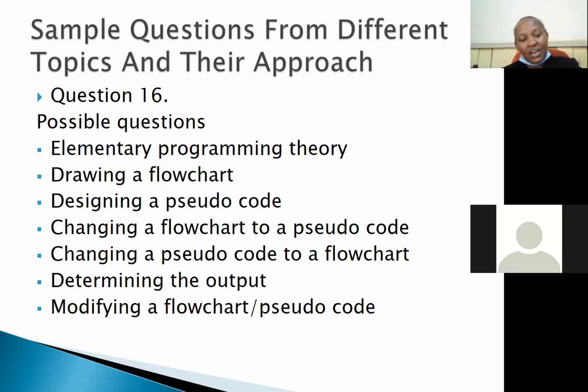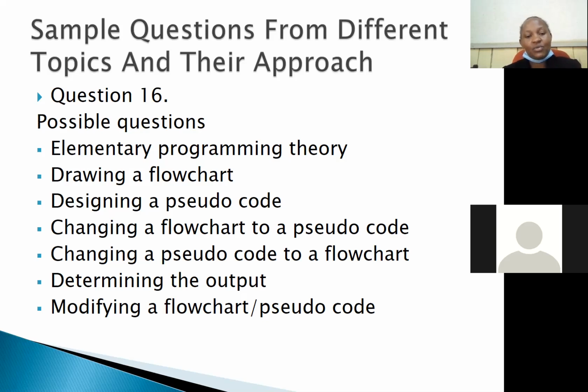Then you can also be told to change a pseudocode to a flowchart. At this point, you are now giving your statements symbols, whereby you will have the symbols and you will have the text inside the symbols.